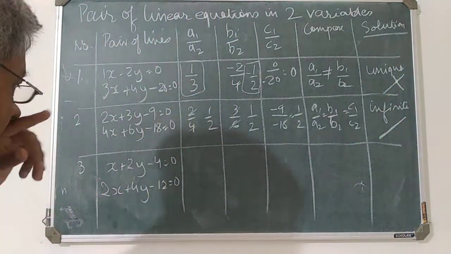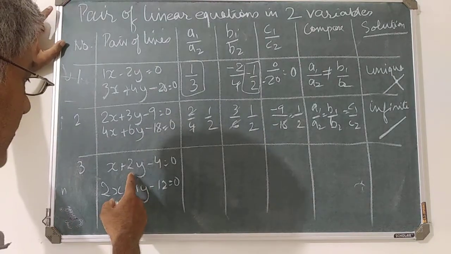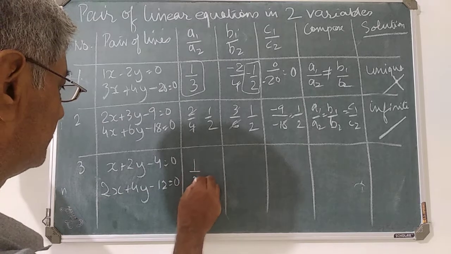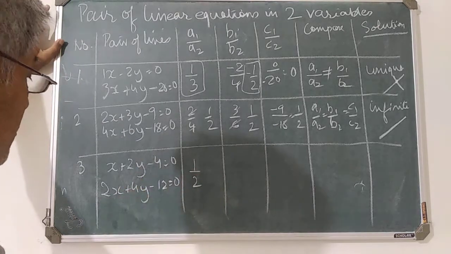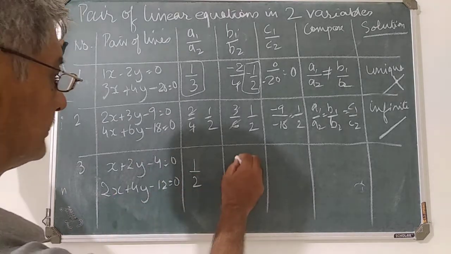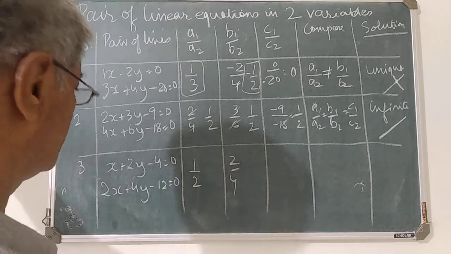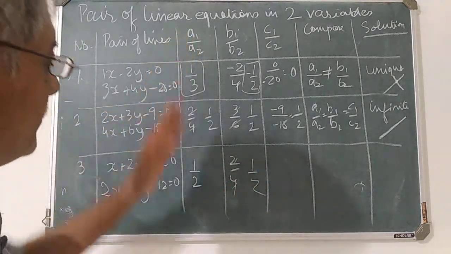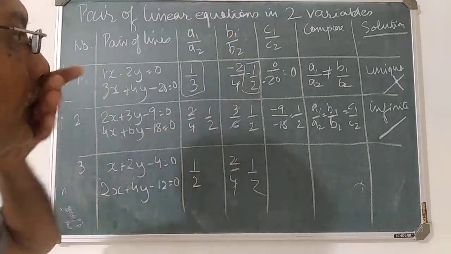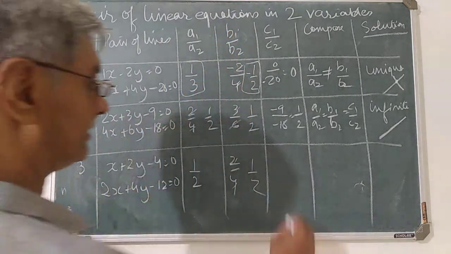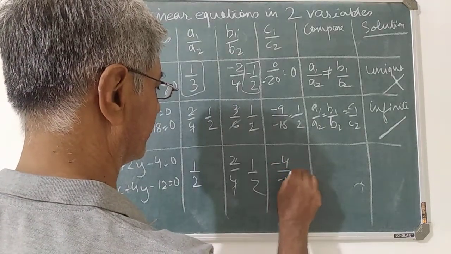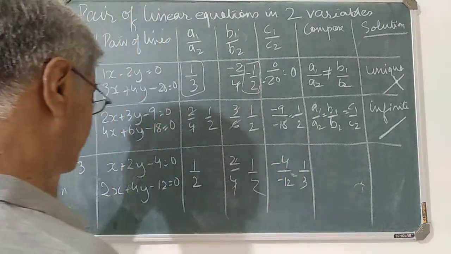And let's take this one, x plus 2y. So a1 upon a2 is 1 upon 2. b1 upon b2 is 2 upon 4, which is also equal to 1 upon 2. Good, a1 upon a2 is equal to b1 upon b2. And let us say c1 upon c2: minus 4 upon minus 12, which is equal to 1 upon 3.